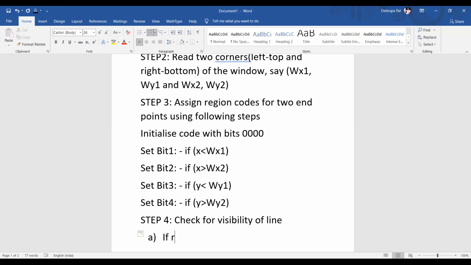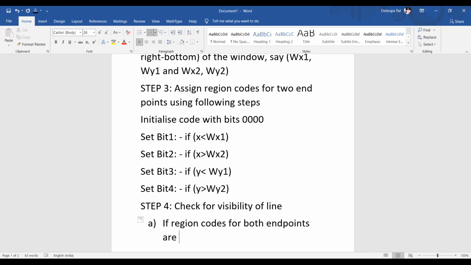If the region codes for both endpoints are 0, then the line is completely visible.